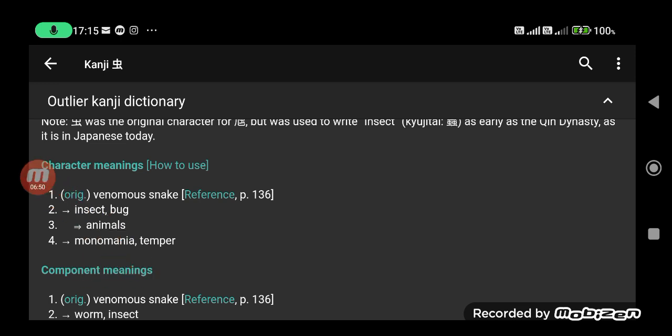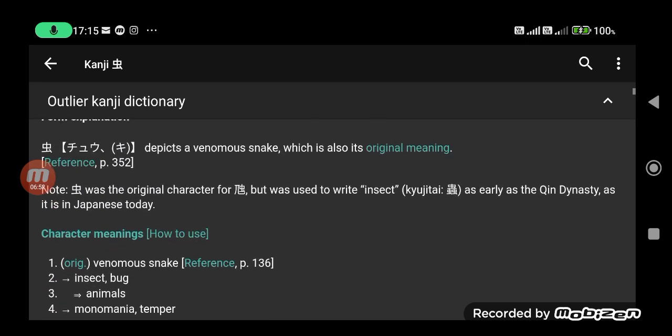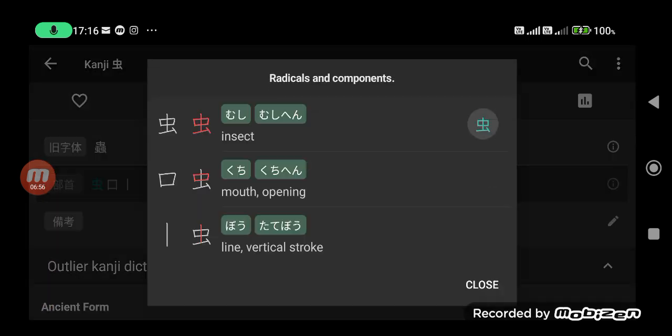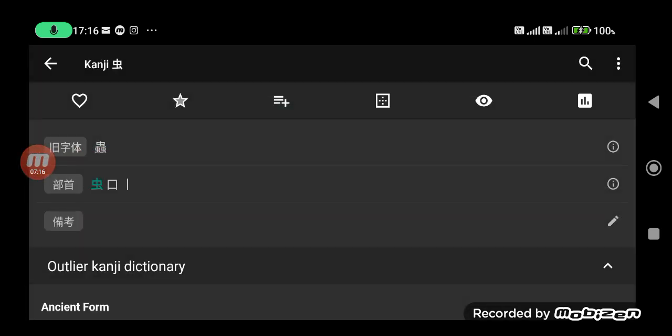Secondary derived meaning: monomania or temper. Because our subject kanji is also a radical, it is the insect radical, mushihen, meaning that it is suffixed by hen, so this kanji, when acting as a radical, is placed on the left side of the kanji.